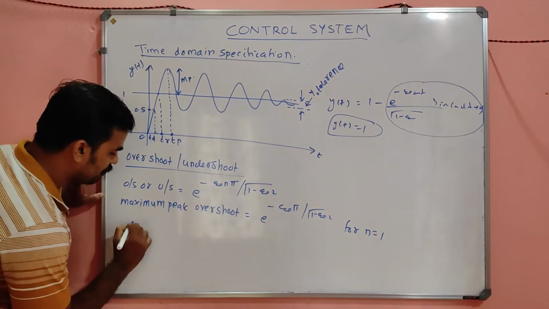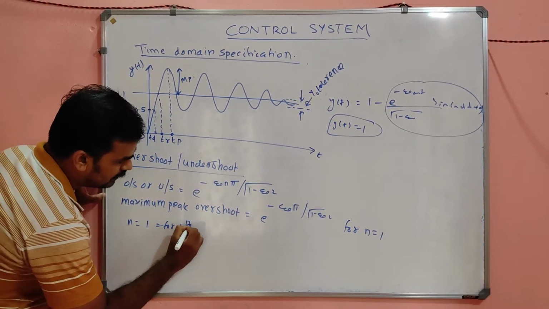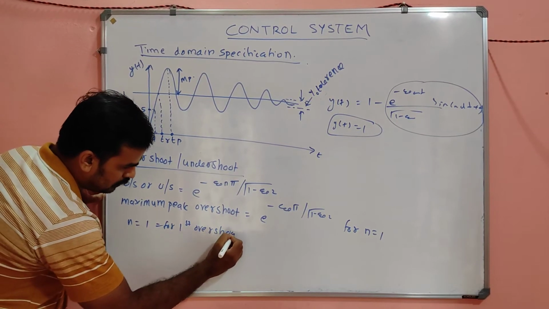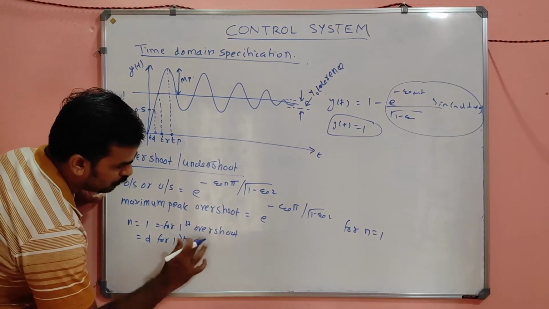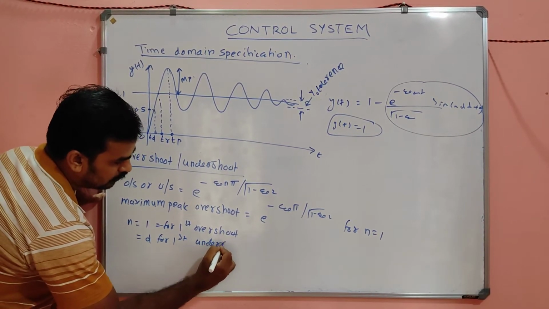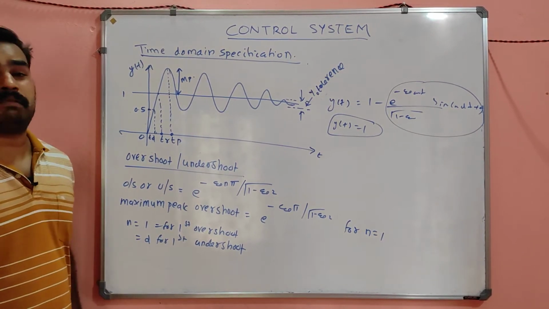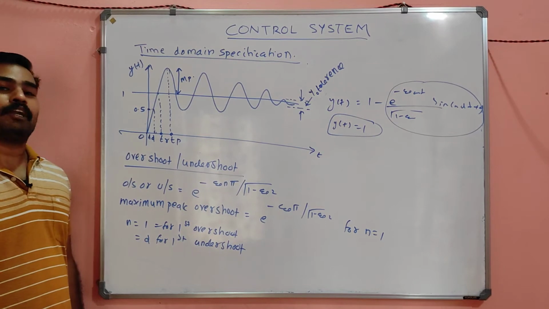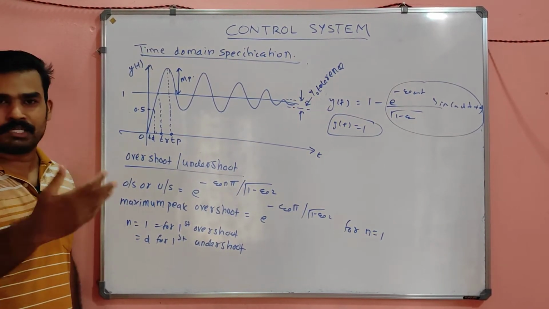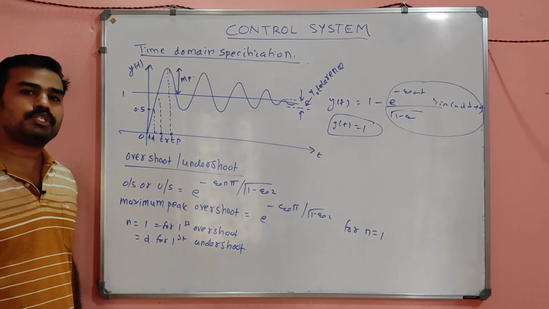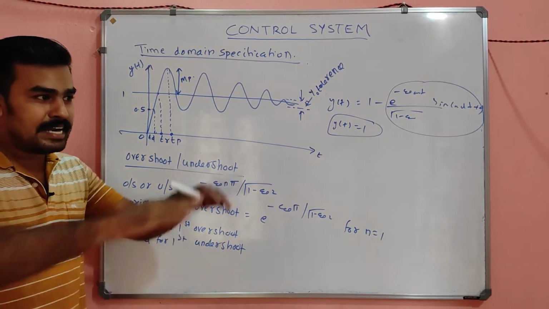And the value of n: n will be 1 for the first overshoot and 2 for the first undershoot. You can remember it in a funny manner. Suppose a robber is running very fast and the policeman is chasing the robber, but he should shoot the robber in the under portion.